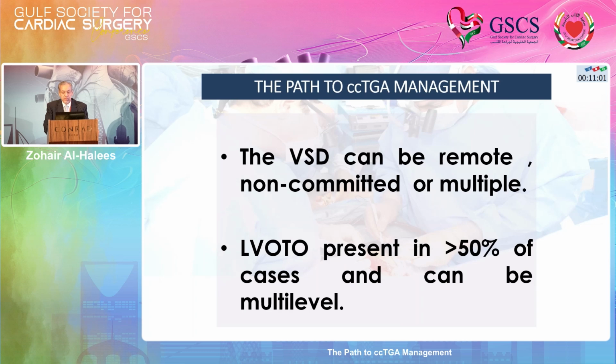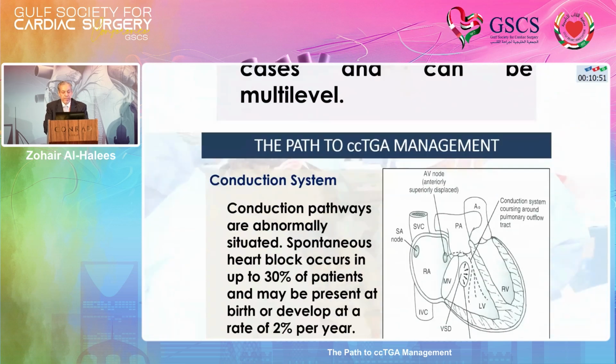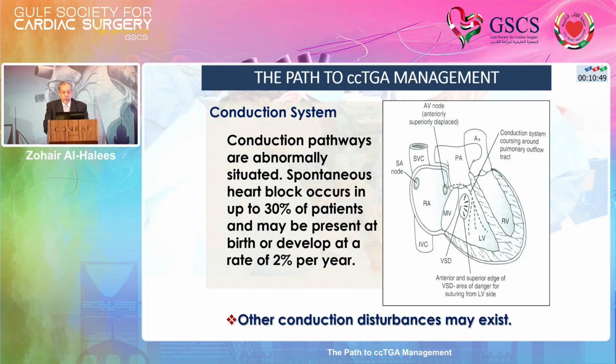Another complicating feature is the presence of left ventricular outflow tract obstruction, which can be present in more than 50% of cases, and it can also be multi-level. We also have problems with the conduction system. The conduction pathways are abnormally situated, and therefore there is a tendency to have congenital heart block, which we can see in almost 30% of the patients.